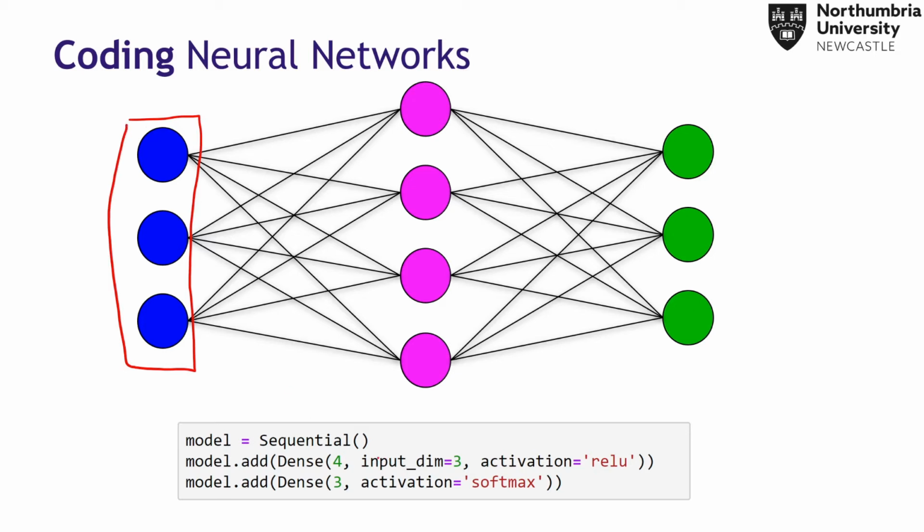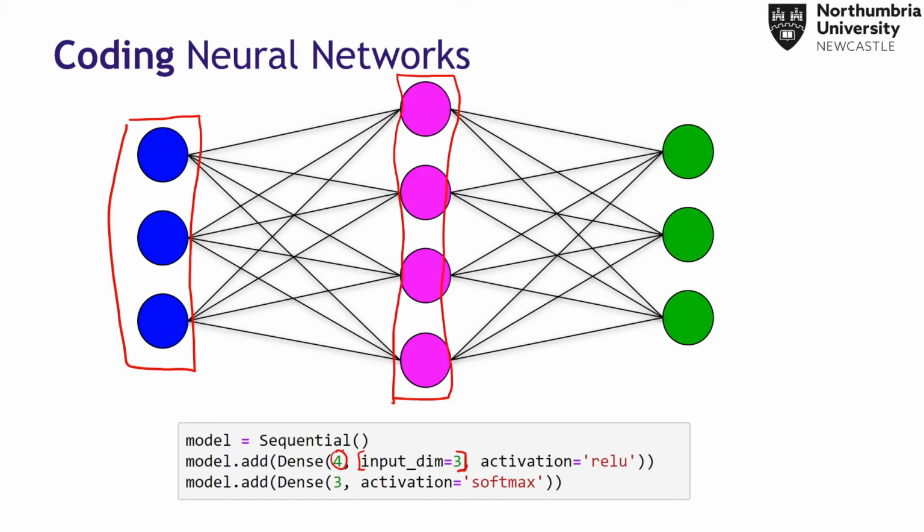And the first layer that we code when we're using Keras, we're just going to have to stipulate this input dimension. And then this number over here in green, this is going to be the output of the first layer. So that is going to be the number of nodes that you have in your first hidden layer.